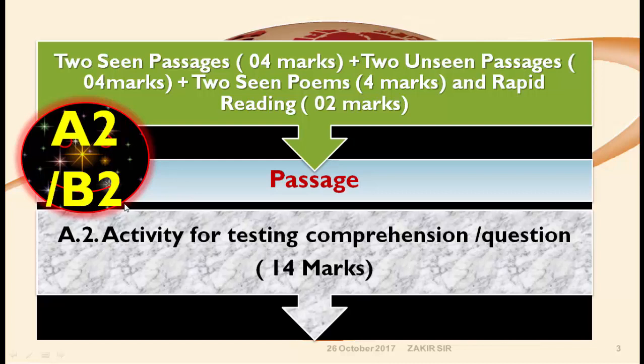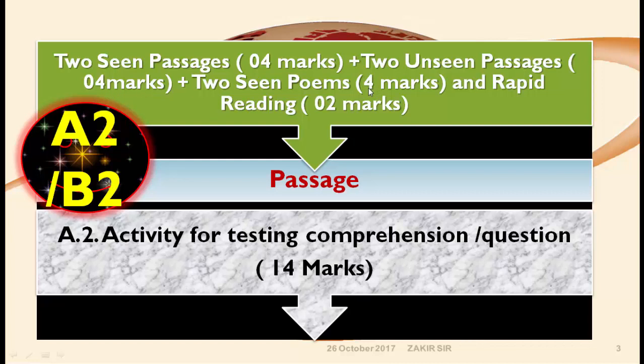As far as the marking scheme is concerned, if you go through your overall paper, you will find that this A2 question is asked for 2 marks in each passage. Means 4 marks in 2 seen passages and 4 marks in 2 unseen passages.